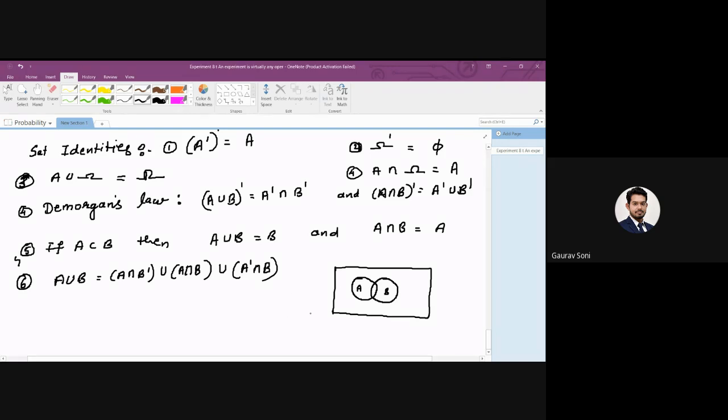Seventh, A is equal to A intersection B union A intersection B complement, and B is equal to A intersection B union A complement intersection B. Now you can draw the diagram and see what we have done here, what we are trying to do.